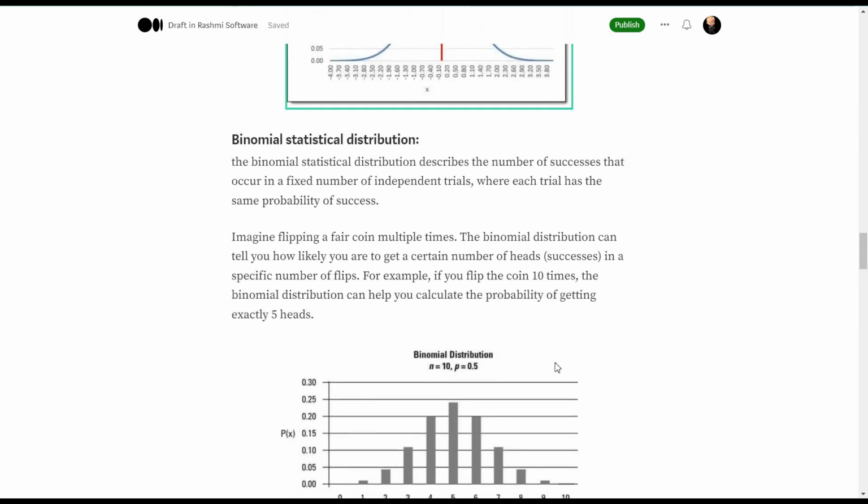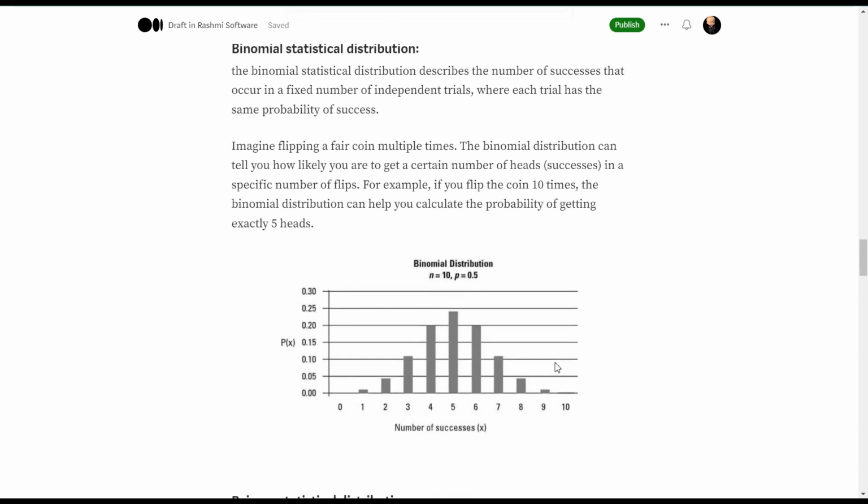Let's see binomial statistical distribution. The binomial statistical distribution describes the number of successes that occur in a fixed number of independent trials where each trial has the same probability of success. Again, here is a diagram and you can imagine easily. Imagine flipping a fair coin multiple times, say 10. The binomial distribution can tell you how likely you are to get a certain number of heads in a specific number of flips.